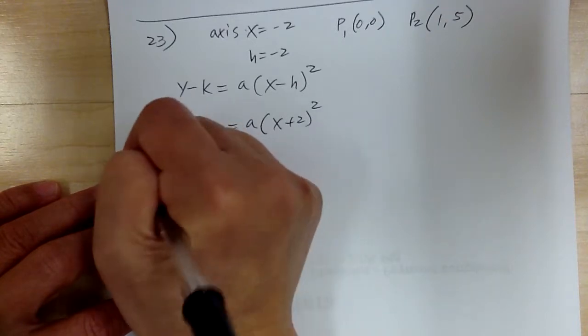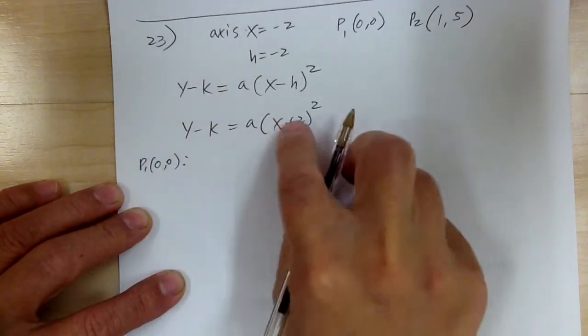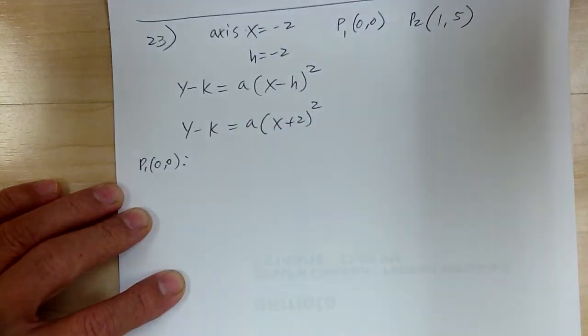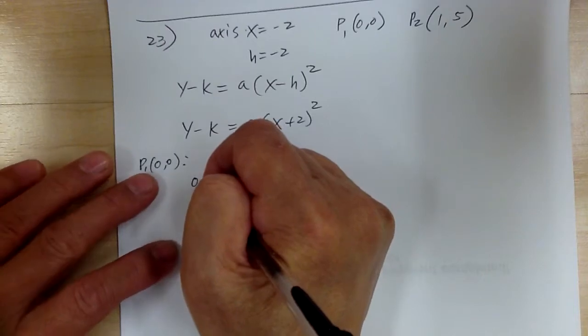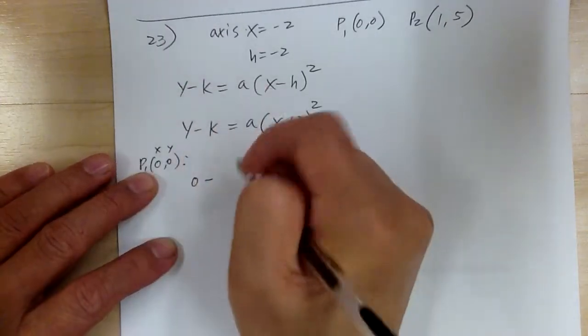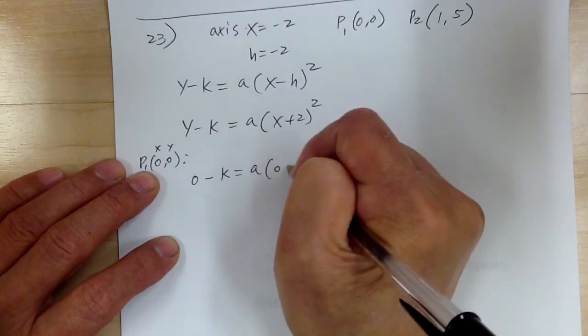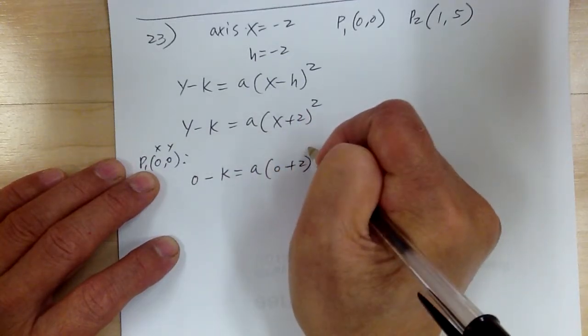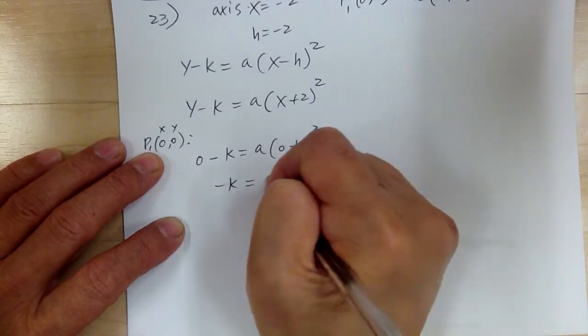For (0, 0), I apply this into here because now I have to get two equations. So I get 0 minus k equals a times (0 plus 2) squared. So I got negative k equals 4a.